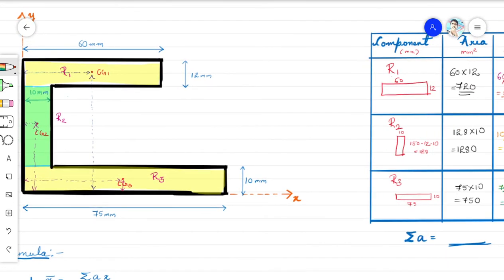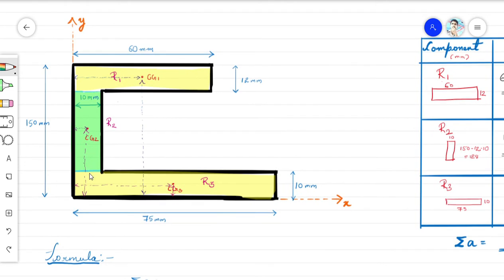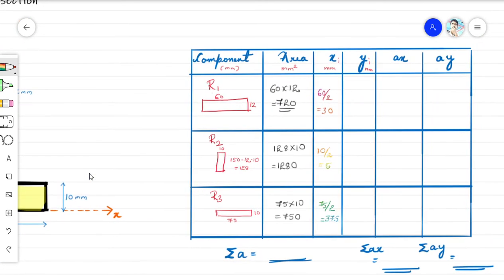For the first one, the whole 150 minus this 6, so it is 150 minus 6, that is 144. You can take any method to calculate. It is the same as 10 plus 128 plus 12 by 2. It is the same.